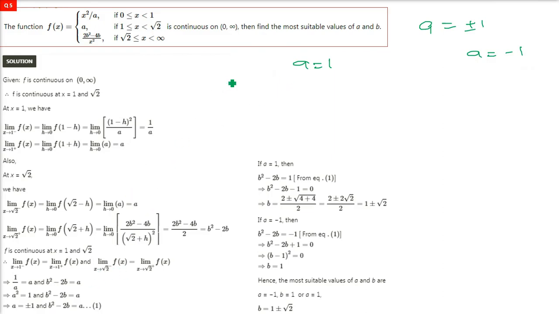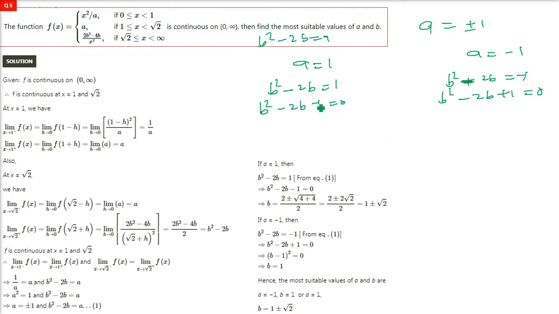Since already b square minus 2b equals a, so b square minus 2b is equal to 1, and b square minus 2b equals negative 1. So b square minus 2b minus 1, you will not get a proper factorisation here. But here you can factor b square minus 2b plus 1. We can use the Sridharacharya formula anytime, but b square minus 2b plus 1 can be easily solved.